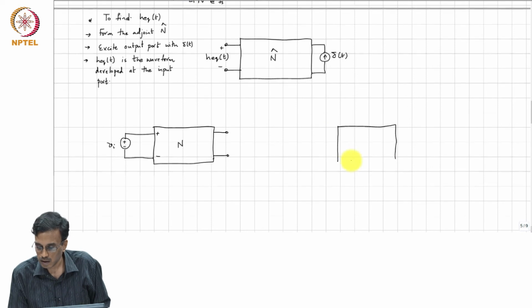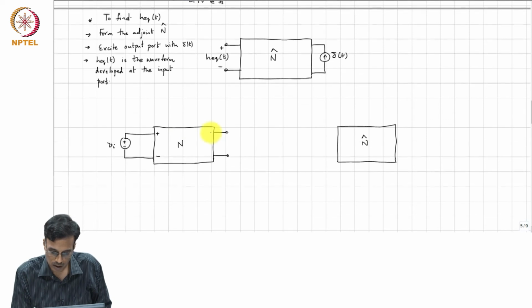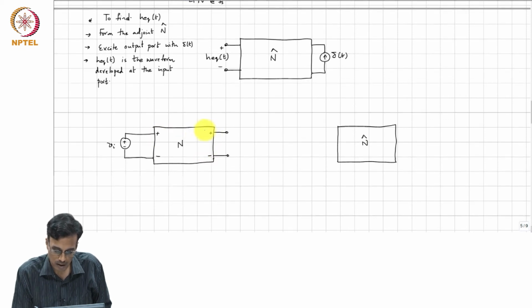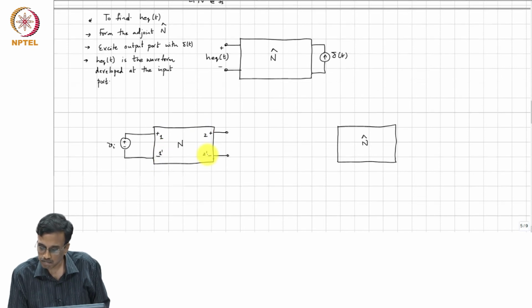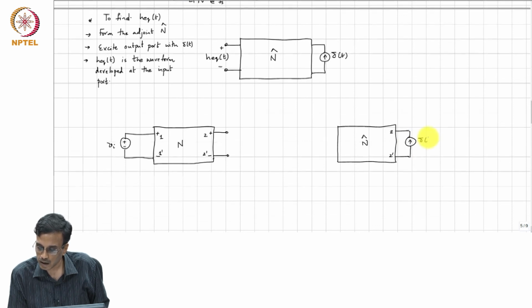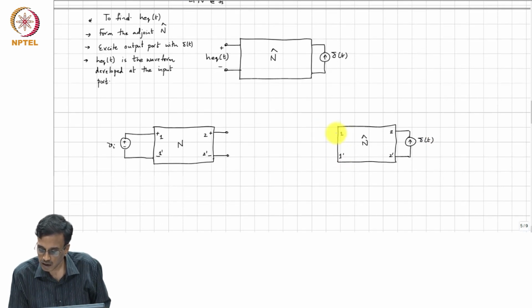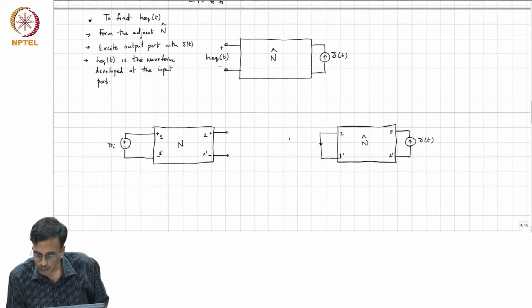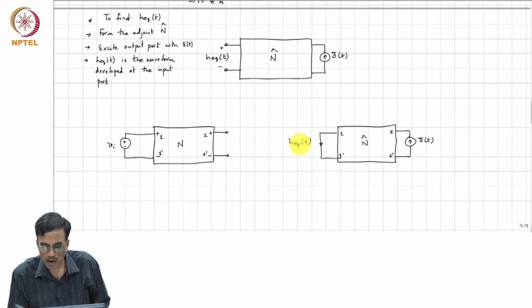Well, you find the adjoint. So, this is 1, and this is 2 prime, and you excite the output port with a current impulse at t equal to 0 and measure the current in the input port. So, this current here will be proportional to h equivalent of t.